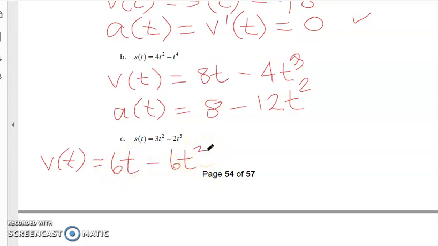That would be your velocity function, and your acceleration is going to equal, okay, the derivative of 6t is 6, minus the derivative of 6t squared, 2 6s are 12, t to the power of 1, which you don't need to write. And there you go.